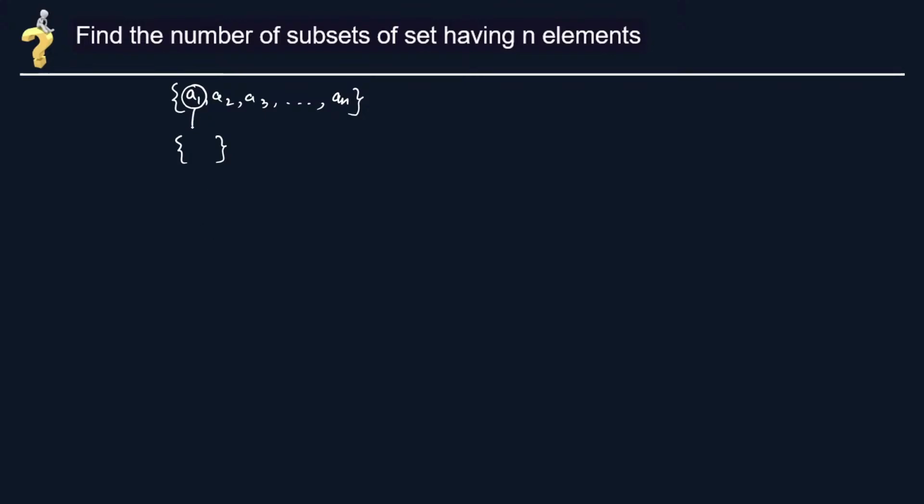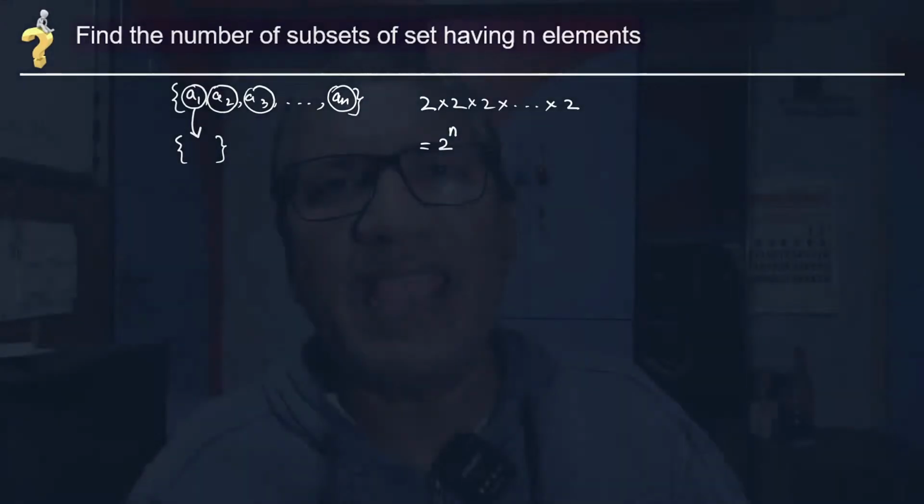Either this element will come in that subset or it will not. So there are 2 ways for the first element. Same thing with the second element: either it can come in your subset or it will not. Again, there are 2 ways. For the third one, again 2 ways, and the same thing goes for the nth element also. So the total number of subsets formed is 2 to the power n.